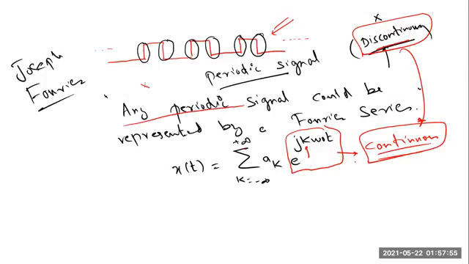So now, how can we answer this question: which type of periodic signal will have a Fourier series representation? So let me put this question.